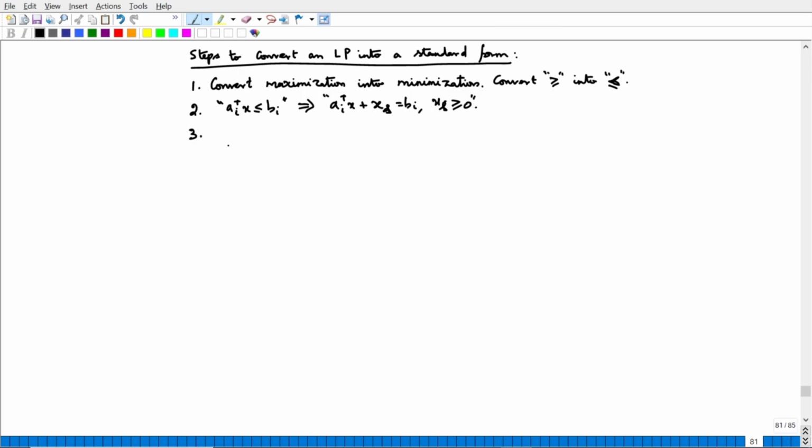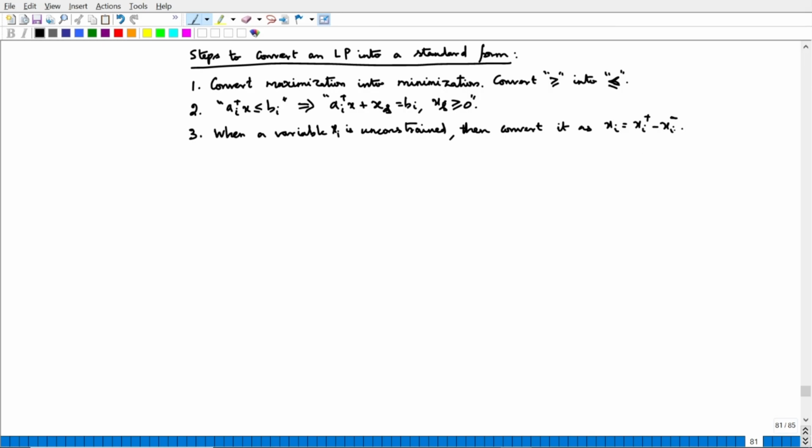Then, when a variable xi is unconstrained, convert it as xi equal to xi plus minus xi minus.